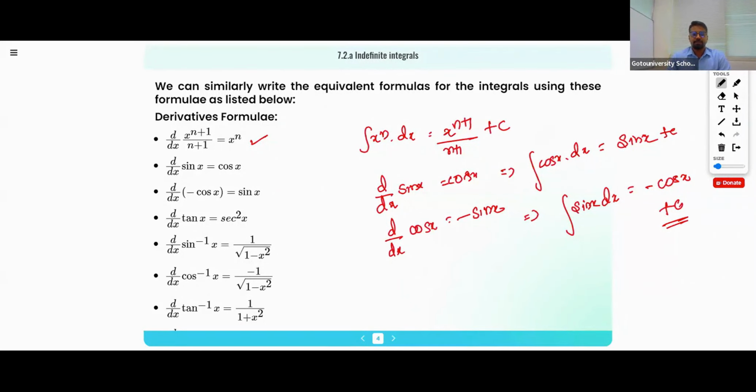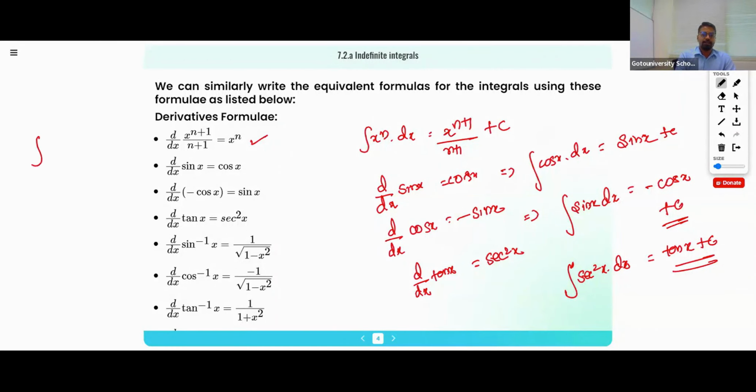Even though there is always a confusion, so be careful. d by dx of tan x is secant square x, so the integral of secant square x with respect to x will be tan x plus an arbitrary constant. Similarly, the integral of cosecant square x should be equal to minus cot x plus c.